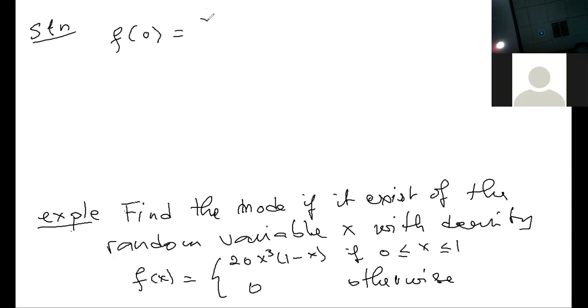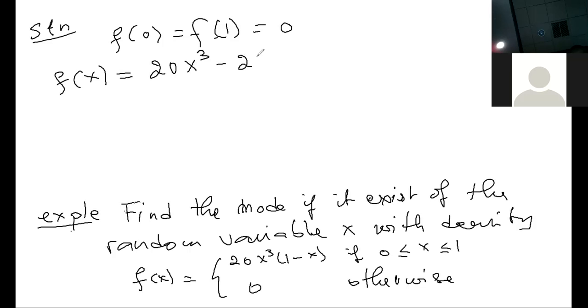F of 0 equals 0. F of x equals 20x cubed minus 20x.